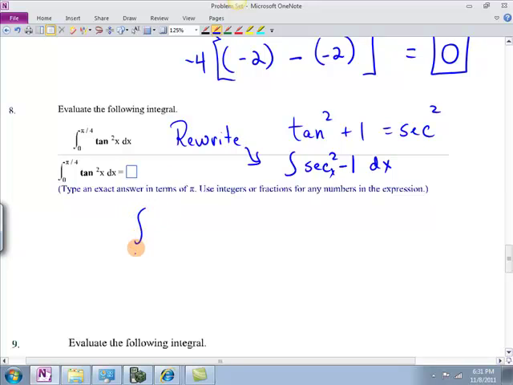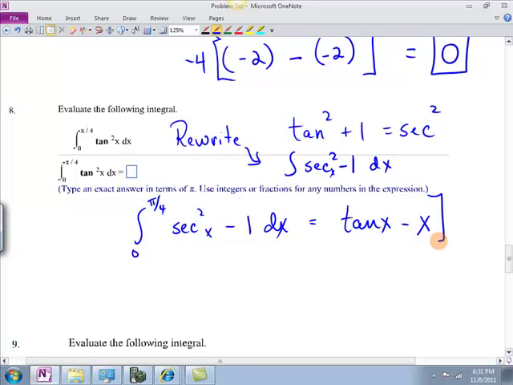So now we've got the integral from 0 to pi over 4 of secant squared x minus 1 dx. What's the integral of secant squared? Is it tan x? Okay, so that's tan x. What's the integral of 1? x. So we got tan x minus x.